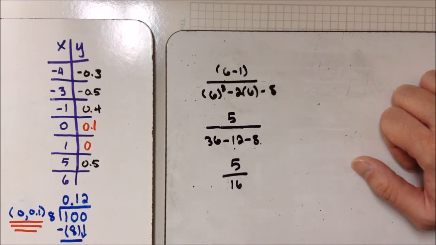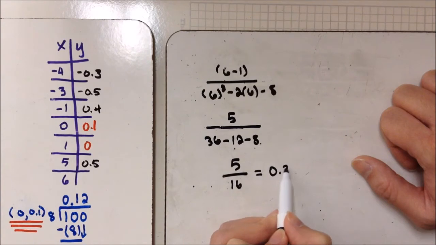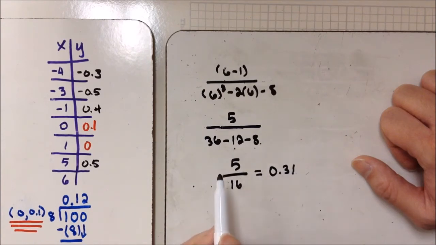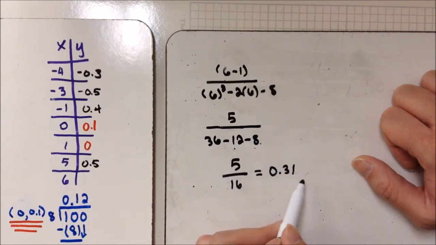So we just had this one earlier, but it was a negative version. So earlier we had negative 5 over 16, which was negative 0.31.